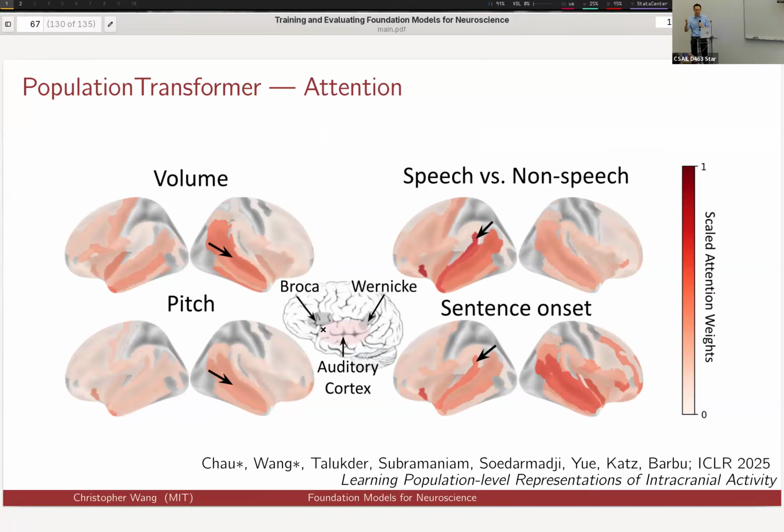And we do find something really cool, which is that for the speech tasks, like speech versus non-speech, we get a lot of attention concentrated on the back part of the temporal lobe, or Wernicke's area, the area that's been associated the most with speech. There's a lot of trickiness when it comes to evaluating attention weights. Attention weights put a lot of weight on non-informative tokens just as an artifact of the noise in their training.